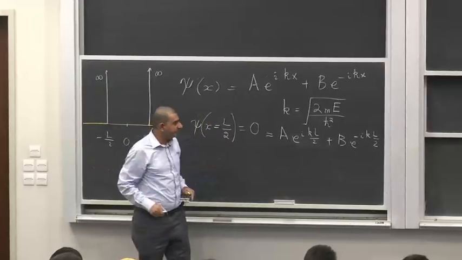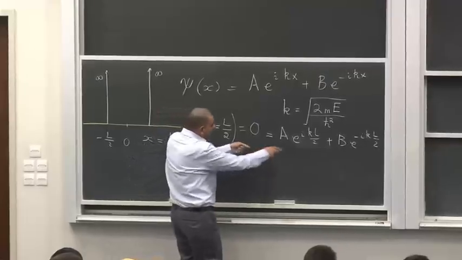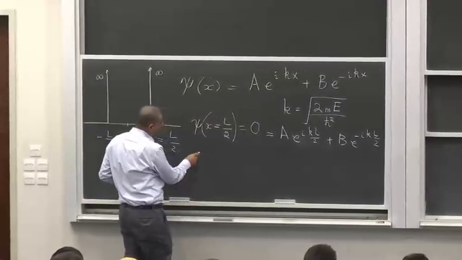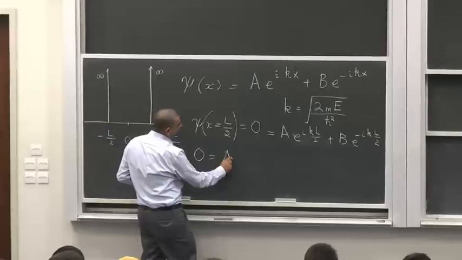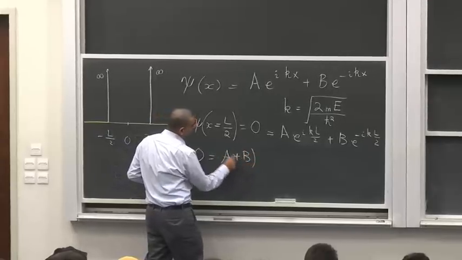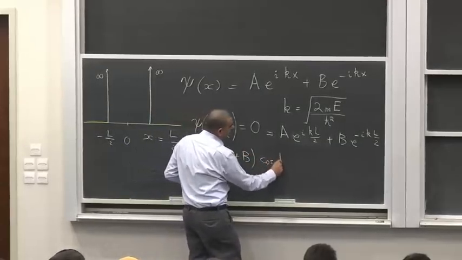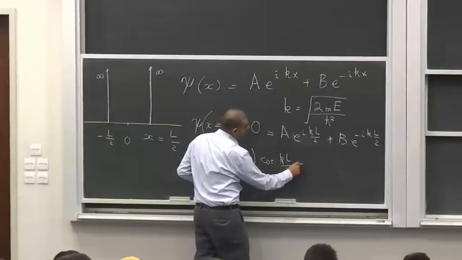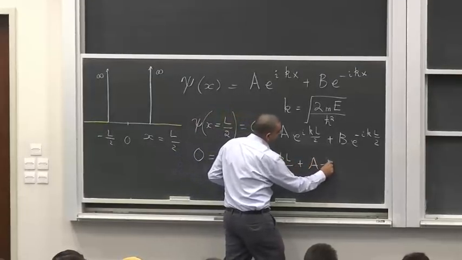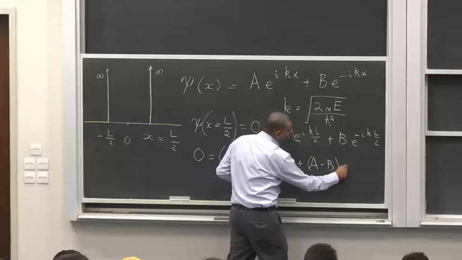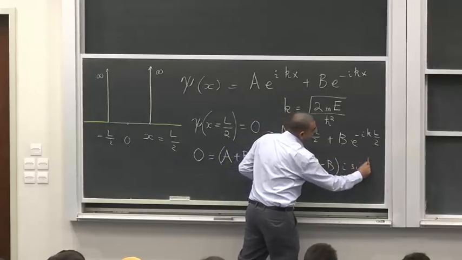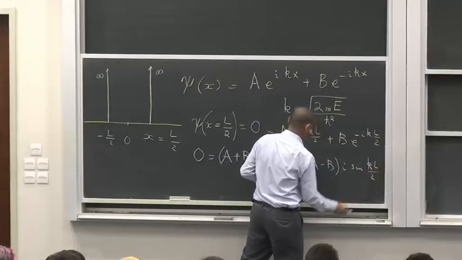needs to be satisfied. And I could expand this in the following form. 0 equals a plus b cosine kl over 2 plus a minus b iota sine kl over 2.